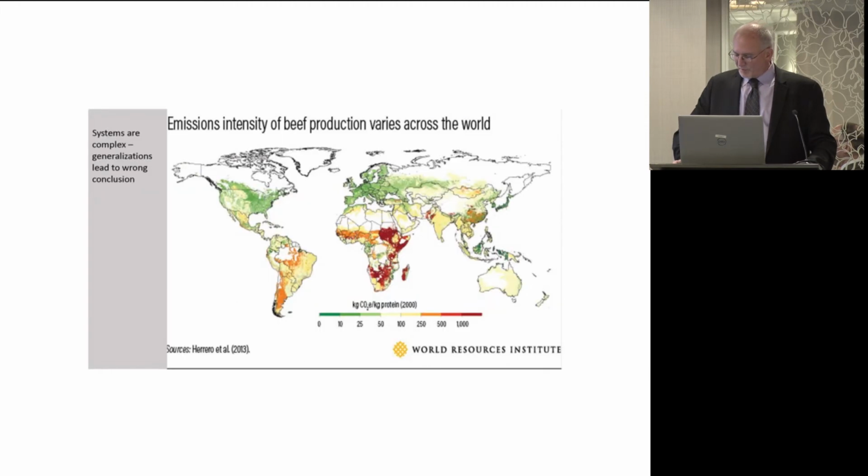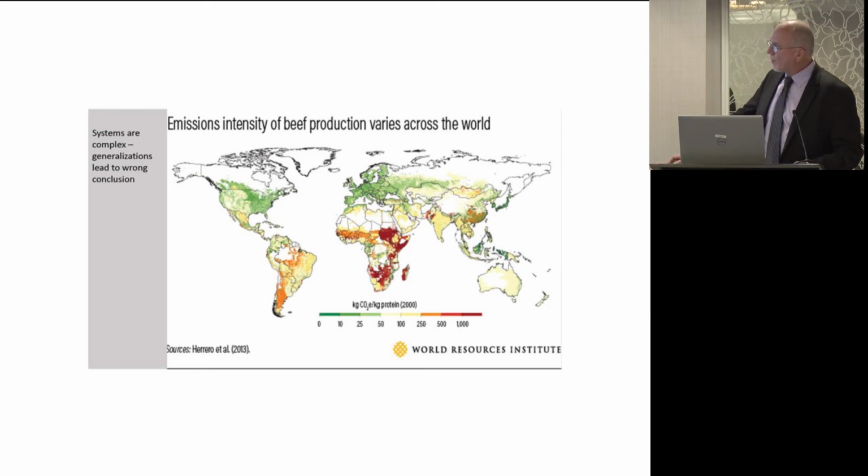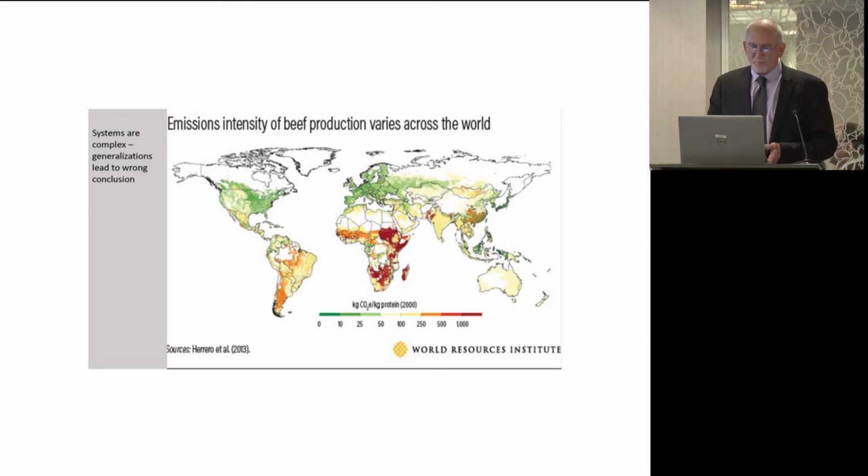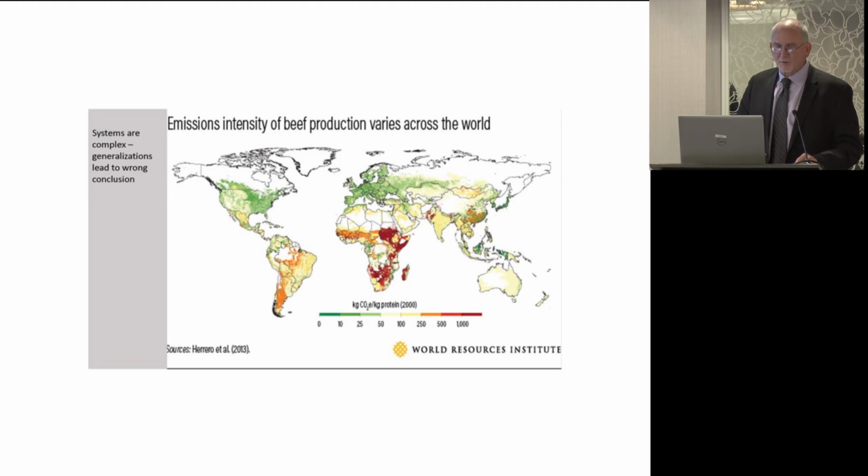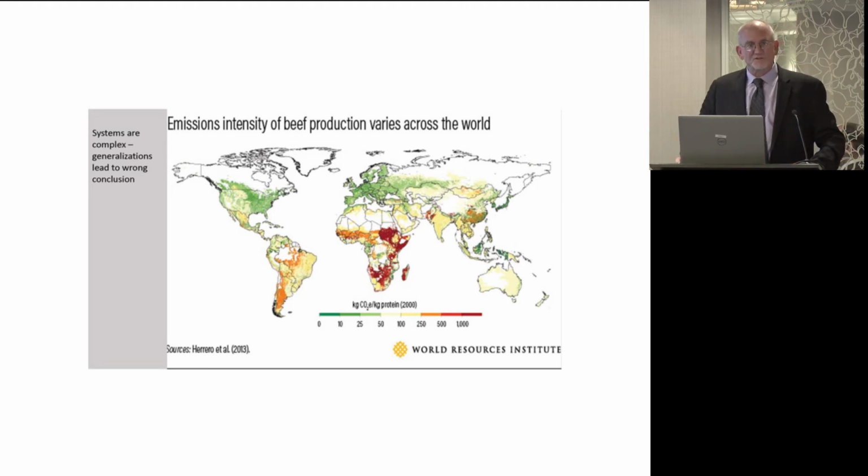And then the pushback on the emissions. Yeah, overall, there are big emissions from cattle, but take a look at it worldwide, where the red is very severe emissions and the green is very low emissions. What you see is it depends on the part of the world, which depends on the efficiency of production.